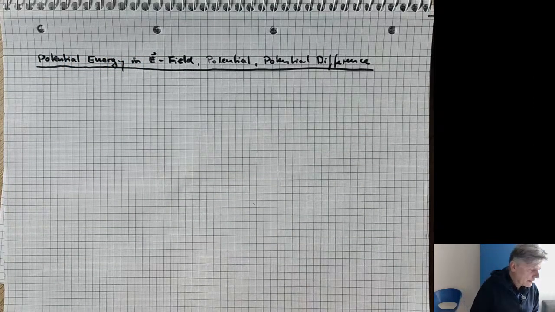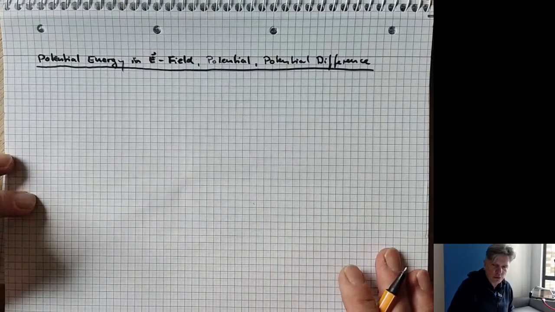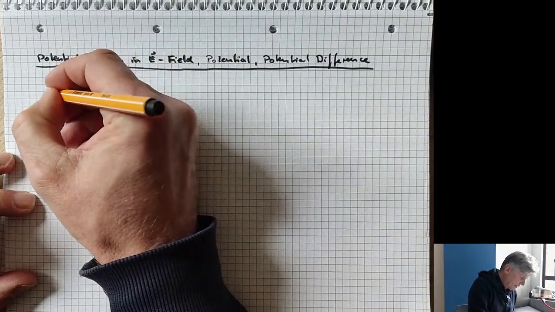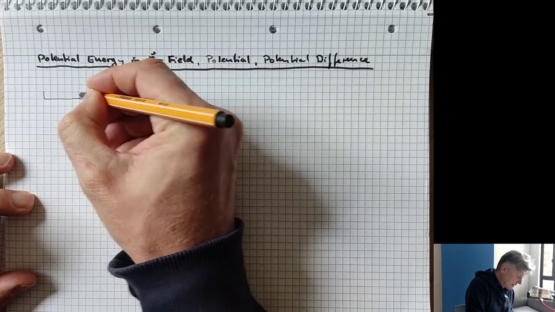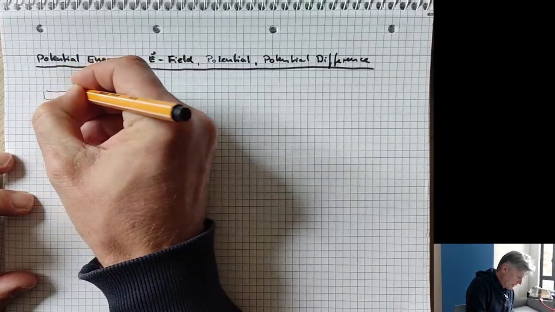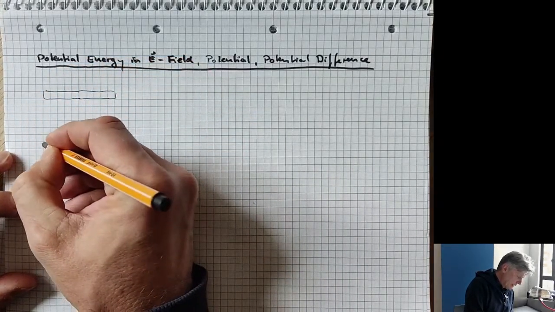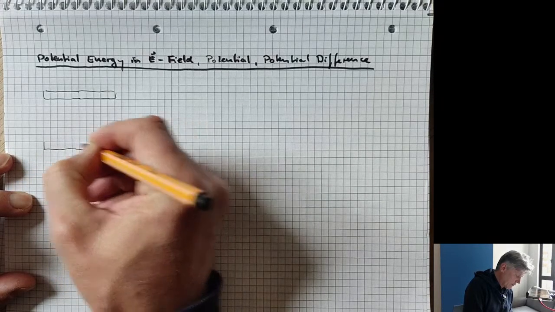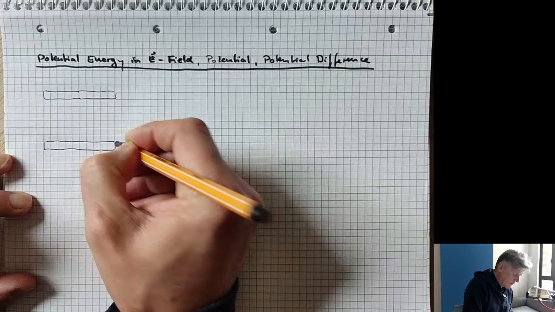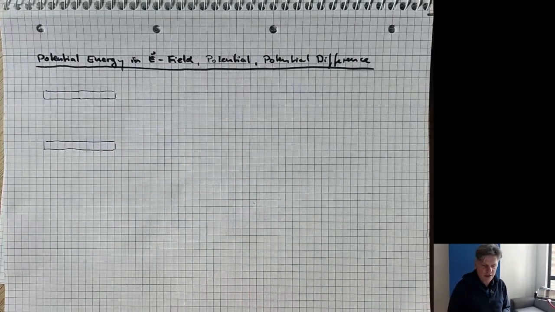So when we have two parallel metal plates, let's say at a distance, and they are not charged yet, so they are neutral.